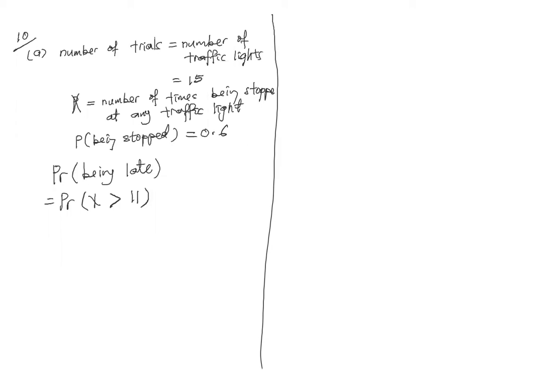So what I would do is I use 1 minus probability of X less than or equal to 11. So take out your graphic calculator, binom CDF, yeah, 15 traffic light, 0.6 and put 11. Okay, tell me what is the answer?